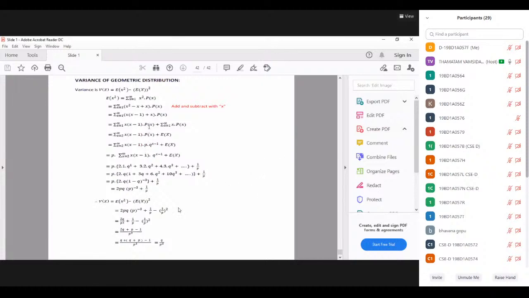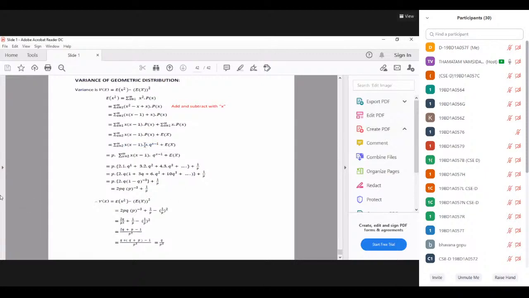We know the probability distribution for the geometric distribution is p into q power x minus 1. So we have summation x equals 2 to infinity x into x minus 1 into p into q power x minus 1.